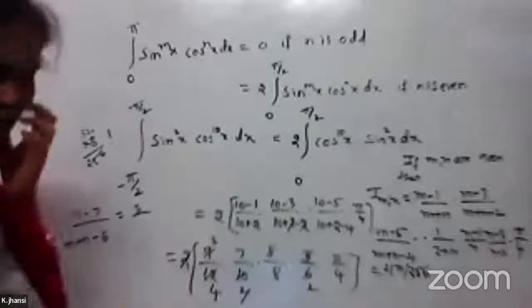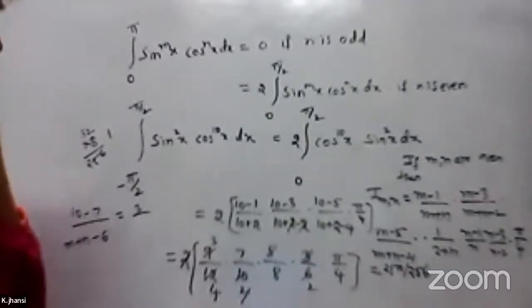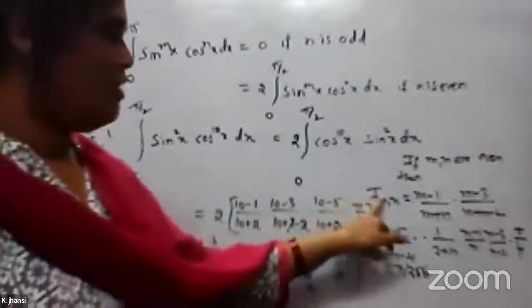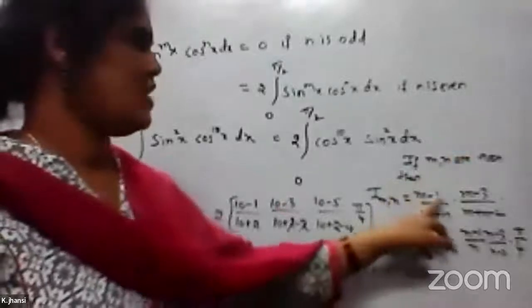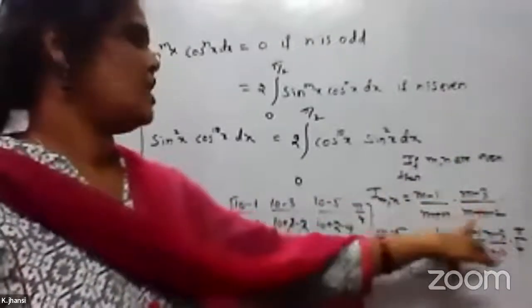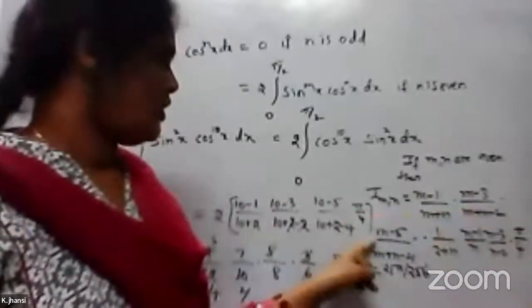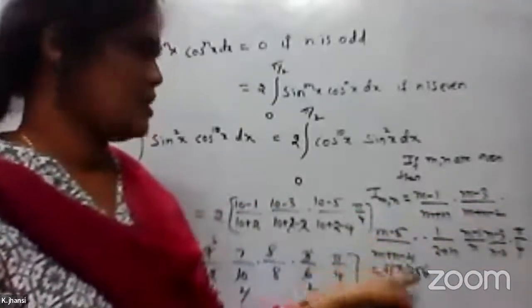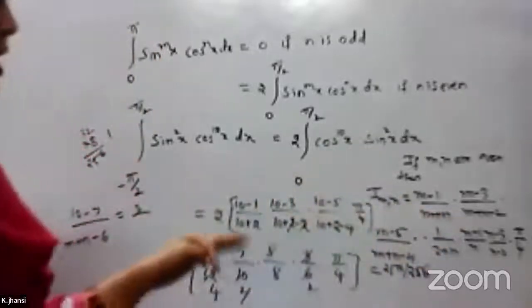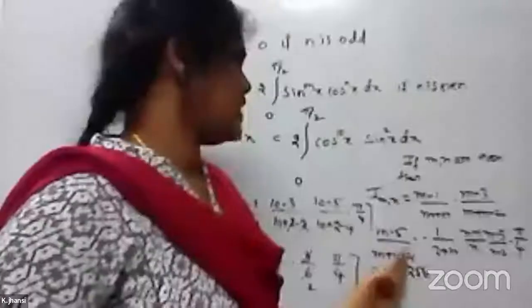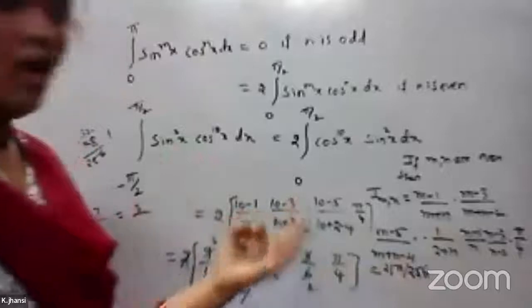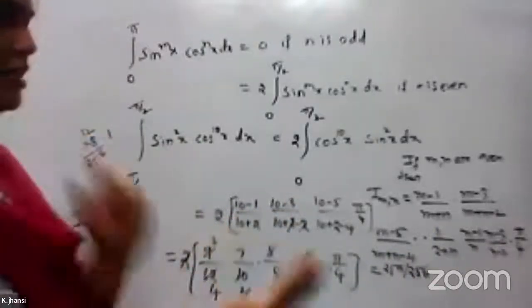Okay, so you go on, expand the formula and you can solve the problem. We got 3 by 8, 3 by 6, 5 by 8. So you remember this formula: whenever m, n are even, it is (m minus 1)/(m plus n), (m minus 3)/(m plus n minus 2), then (m minus 5)/(m plus n minus 4), (m minus 7)/(m plus n minus 6), (m minus 9)/(m plus n minus 8), and it will be going on.